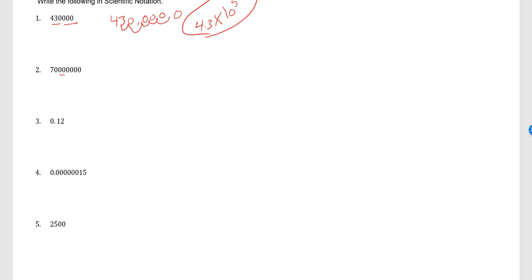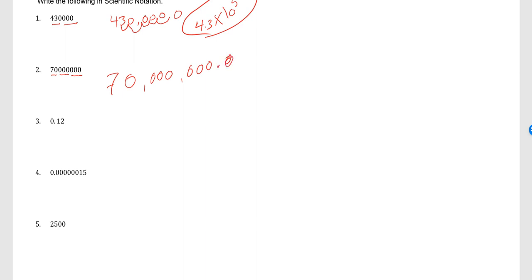70 million. Okay, 70 and then 6 zeros after this first zero. So 70 million again. Well, let's actually write it more spaced out so you could see me moving the decimal point. So 70 and then 1, 2, 3 and then 1, 2, 3, point 0.